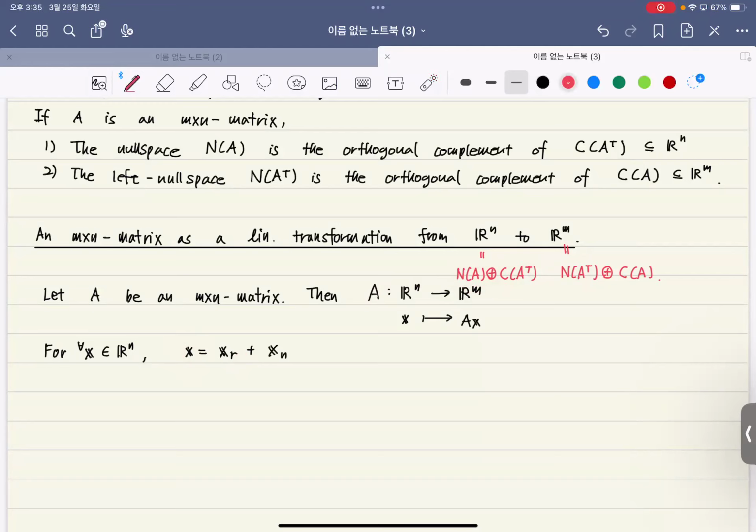So x equals xr plus xn, where xr is a member of the row space and xn is a member of the null space.